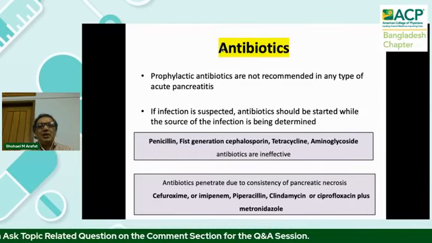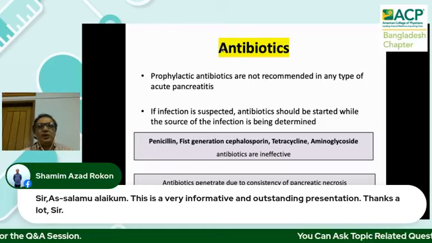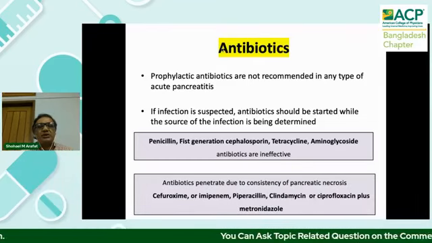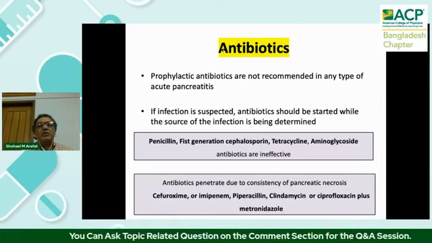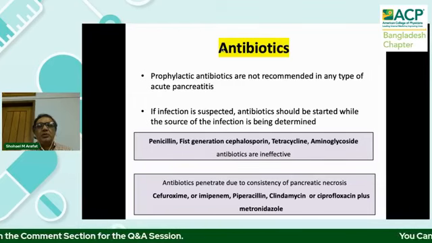So in our country especially, we are possibly more human than humans in other countries. We are fond of medicines, we are fond of antibiotics. But what the research and evidence really say is that there is no role of antibiotics in any type of acute pancreatitis whatsoever.